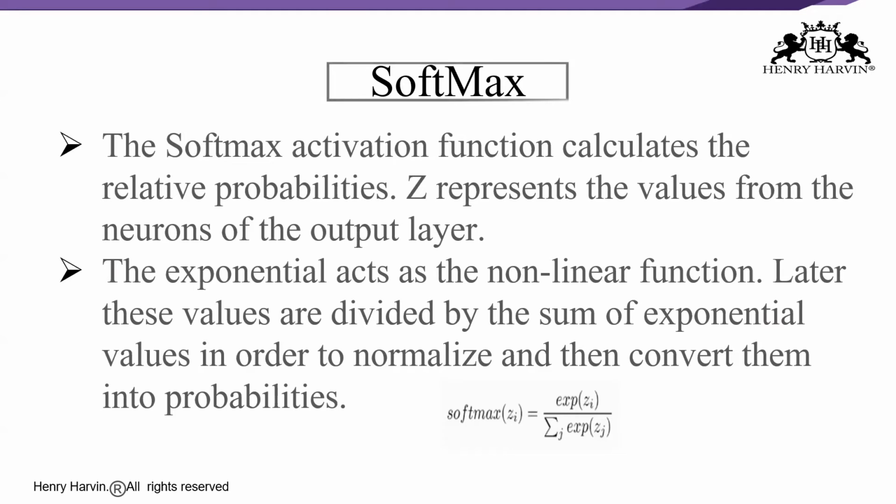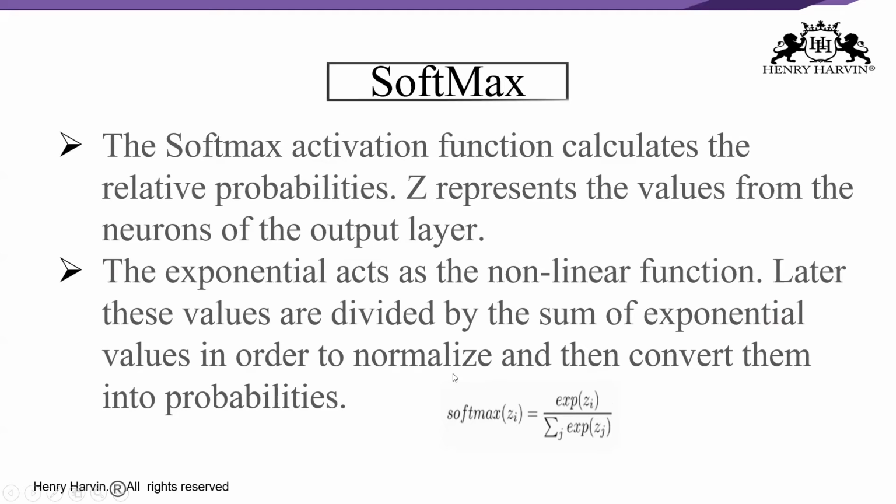Similar to the sigmoid activation function, the softmax function returns the probability for each class, right? So how does this happen? Softmax is equal to exponential of Zi divided by summation over j of exponential of Zj. So let us try to understand. What is this Z basically?